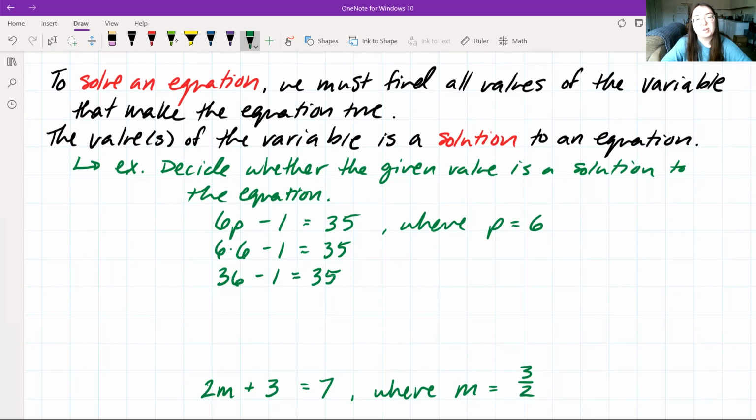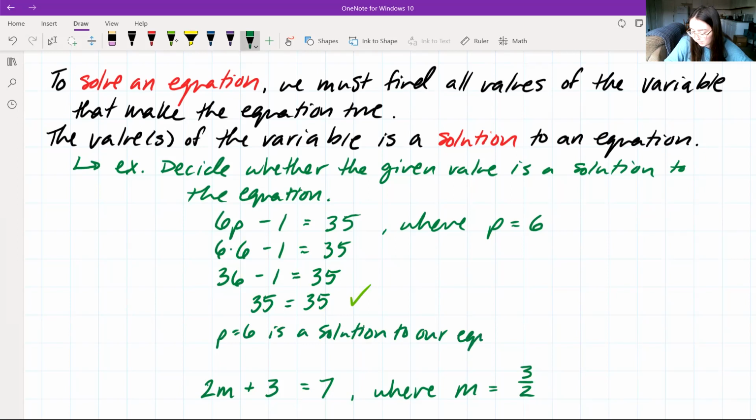And when we subtract 1 from 36, we do get 35. So we have 35 is equal to 35, and this is correct. Since it is correct, we can say p equals 6 is a solution to our equation.